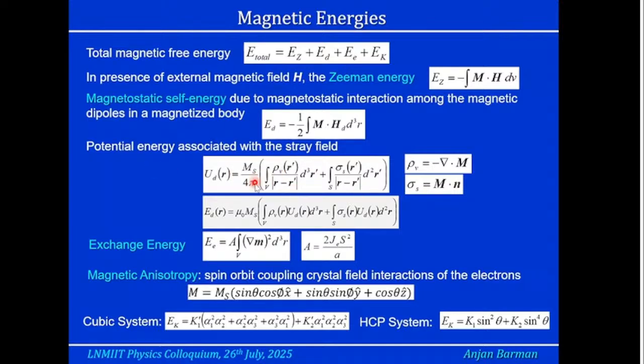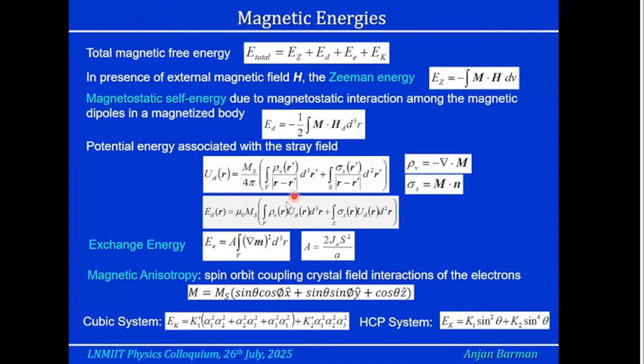I'm not going into the detail of that, but you can see that here rho v is the volume magnetic charge and sigma s is the surface magnetic charge. If you can find the volume and surface magnetic charge, you can find the total energy from this expression for UD. So this is the potential energy.